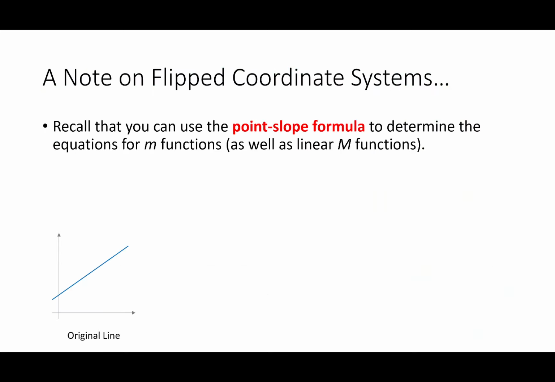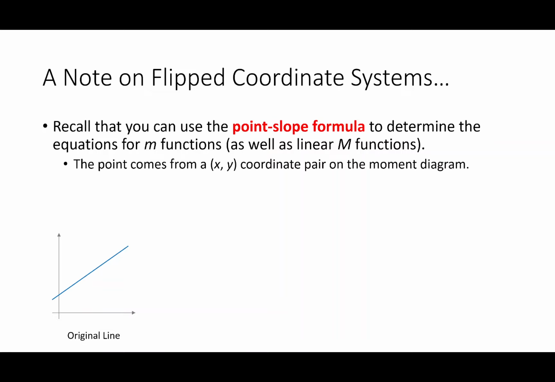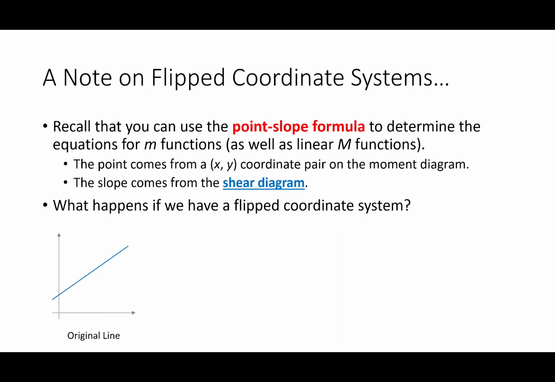Okay. One note on flipped coordinate systems, though, you gotta be careful with this. If you're dealing with little m functions or big M functions and they are lines, that's fine. The big thing you gotta keep in mind is you gotta flip your slopes. So the slope comes from the shear diagram, but keep in mind you're also flipping the direction in which your change of x goes.